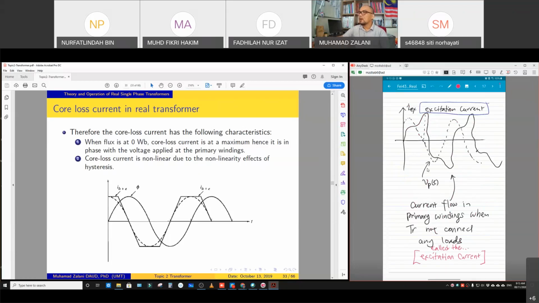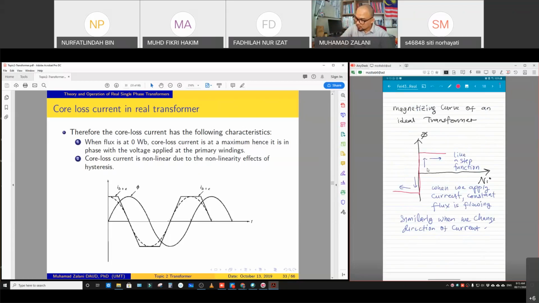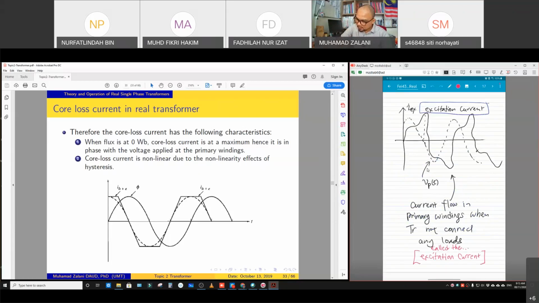So finally, what we can say in terms of excitation current. The excitation current IEX here is actually IM plus IH plus E. Okay, so this is the excitation current.